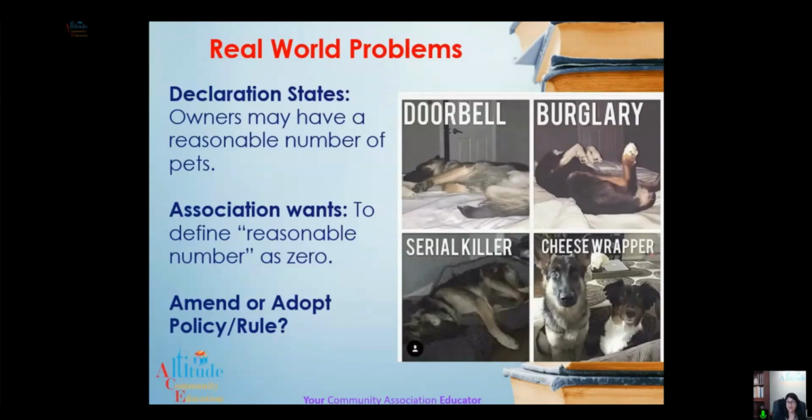So to define the term reasonable number as 0, what you're doing is you're changing the declaration from you're allowed to have at least 1 pet to you may have no pets at all. And that's a conflict, right? It's a conflict with what the declaration says, and therefore you cannot do it through a rule. You can only do it through an amendment.